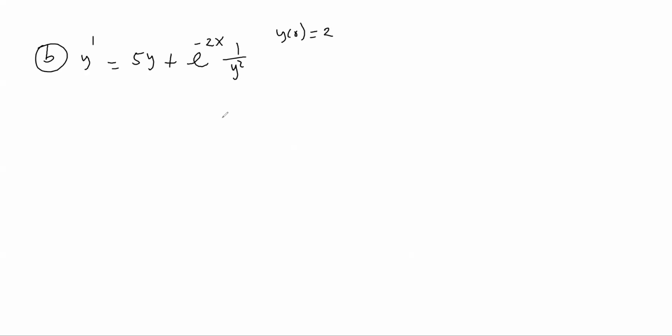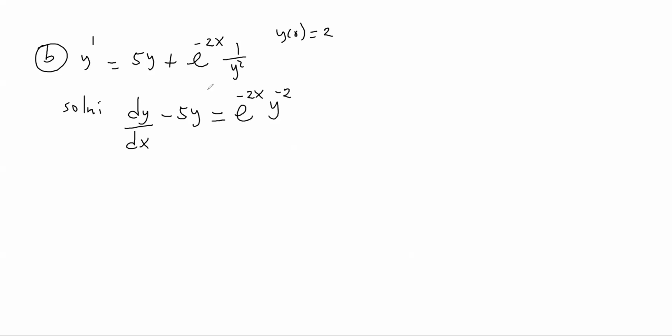So I'm going to rewrite this one as dy by dx minus 5y will be equal to e raised to the minus 2x times y raised to the negative 2.